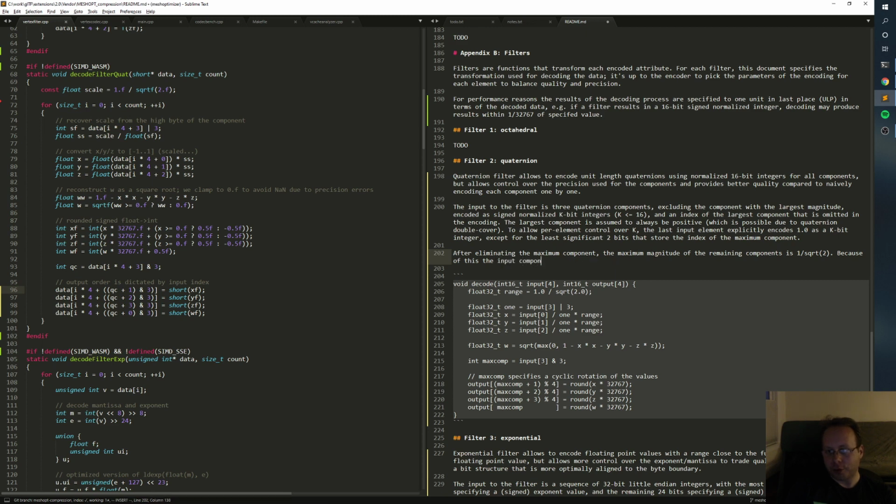The input components are stored. How do I write this in English?